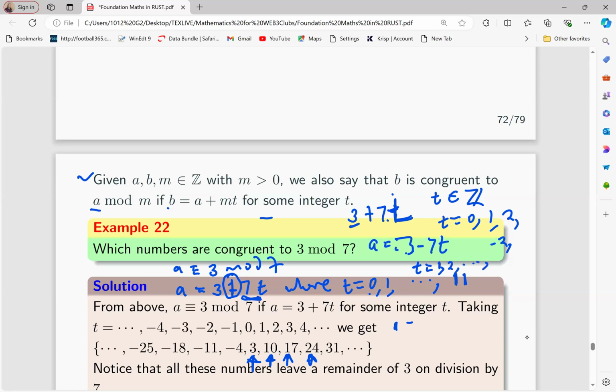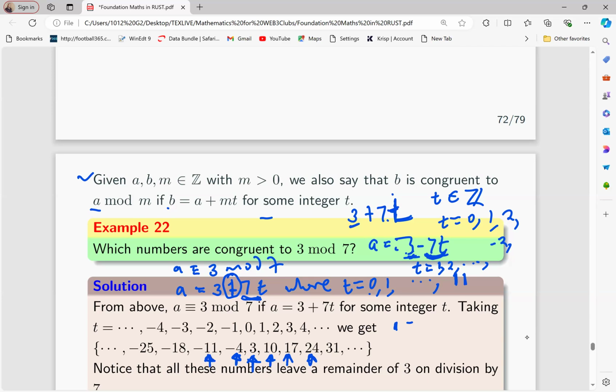For instance, when t is 1, this value becomes negative 7, and when you add it to 3, negative 7 plus 3 is negative 4. When t is 2, this becomes negative 14. Negative 14 plus 3 will be negative 11.